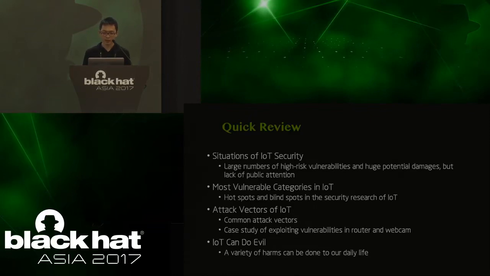By exploiting the vulnerabilities, the attacker can penetrate from the internet into a webcam in the house. In the last section, we showed some harms which are proved to be able to be done by the IoT devices.